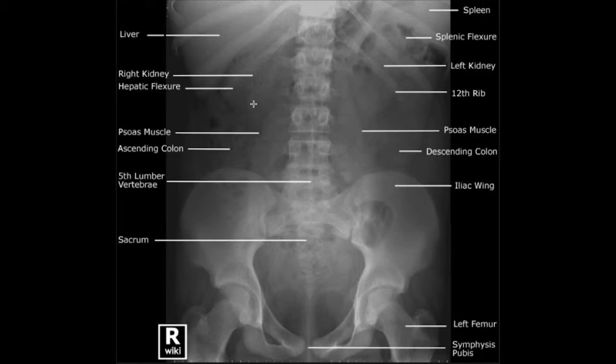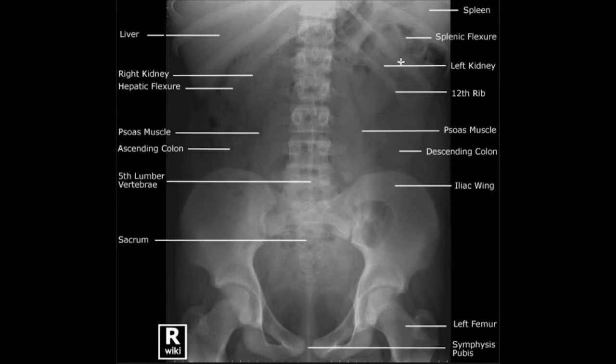If we have proper penetration, we can see the outline of the shadow. You can see it right here. It's very clear. And then we have here, this is the kidney shadow. So this is the right kidney, and then we have the other kidney right here. This is the left kidney. You can see the shadow right here.